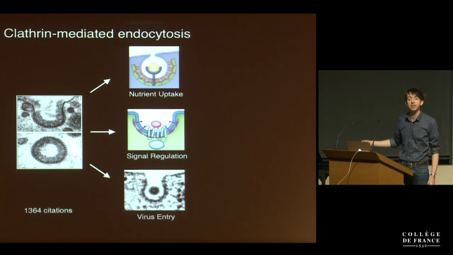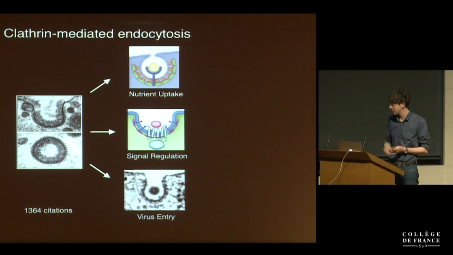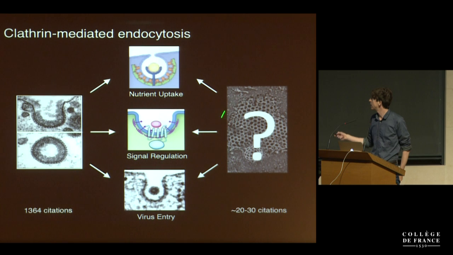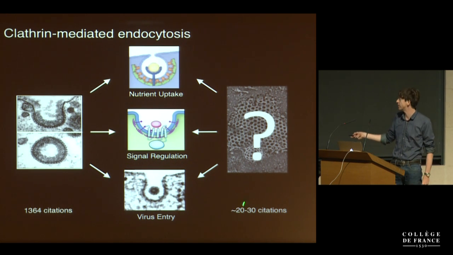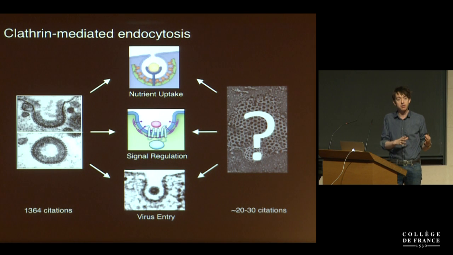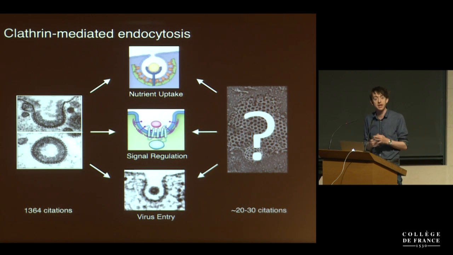And this is reflected in the number of PubMed citations for clathrin-coated pits or vesicles. The role of these flat lattices is really unclear. And actually, this is also reflected in the paltry number of citations for these structures. So we set out to use super-resolution microscopy and other quantitative techniques to describe these flat clathrin lattices and better understand their contribution to plasma membrane biology.